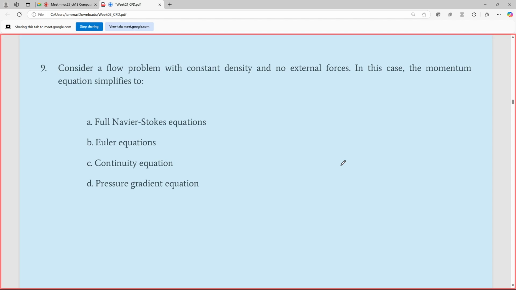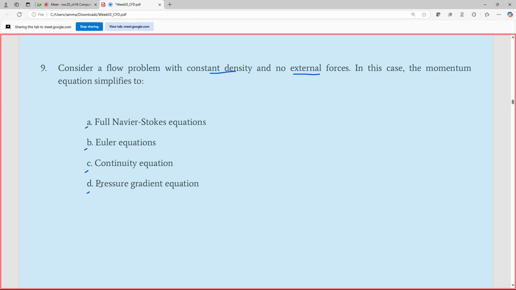Next question. Consider a flow problem with constant density and no external forces. In this case, the momentum equations simplify to which of the following? Option A, full Navier-Stokes equations. Option B, Euler's equations. Option C, continuity equation.